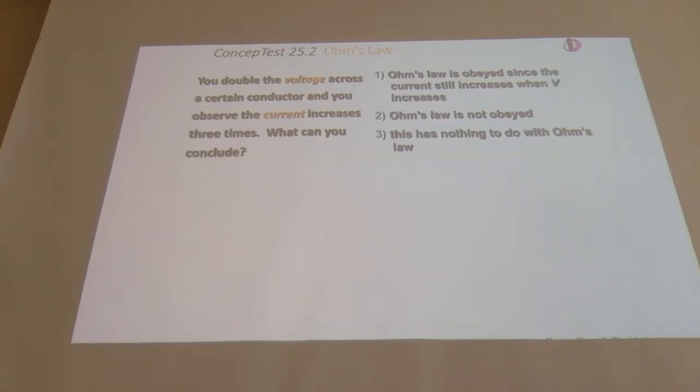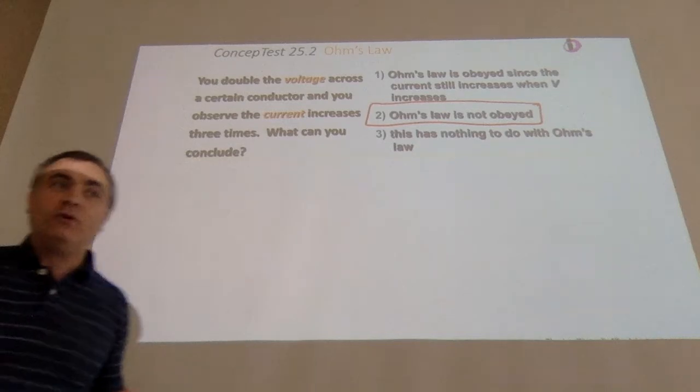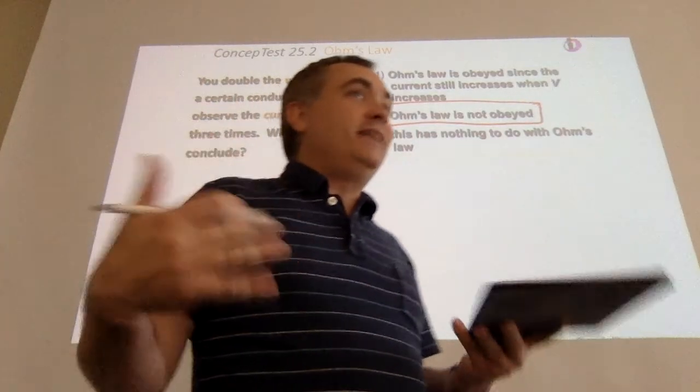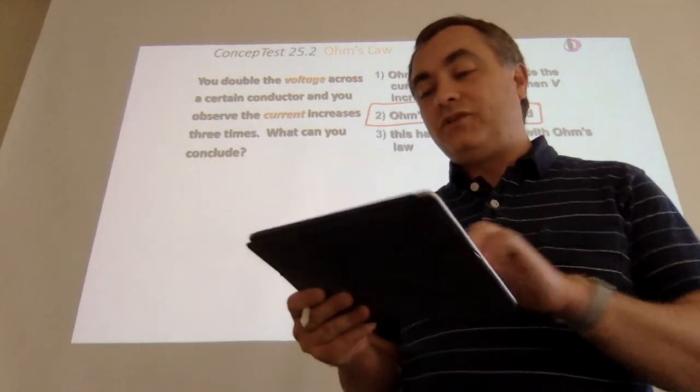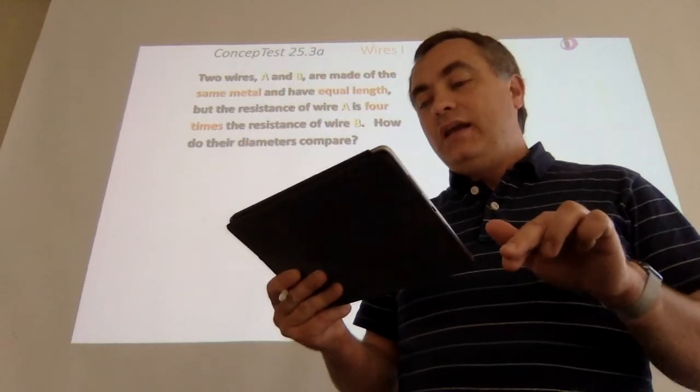So number 2, Ohm's law is not obeyed. If I double a thing and the other one doesn't double, well then that's a non-linear relationship. Ohm's law is not behaved in this particular situation, okay?